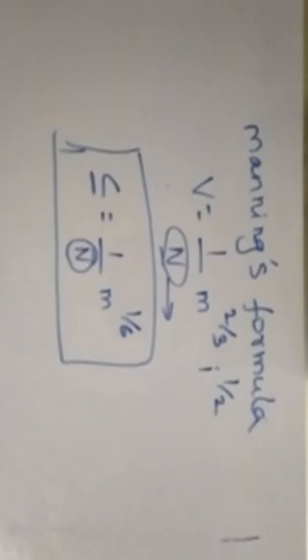Now let's go for some problems we can solve using Chezy's formula. Determine the discharge through a 2 meter wide, 1.2 meter deep channel with a bed slope of 1 in 12,000. Take Manning's coefficient equal to 0.012.